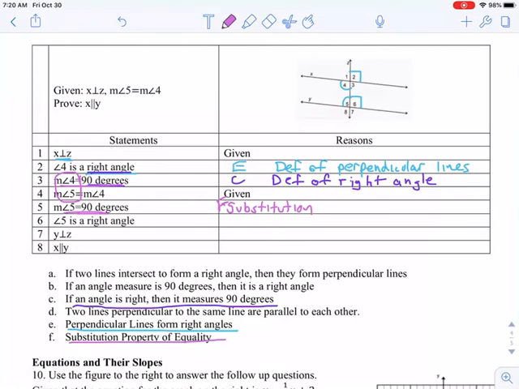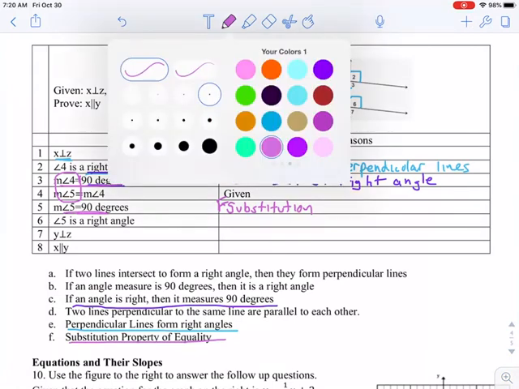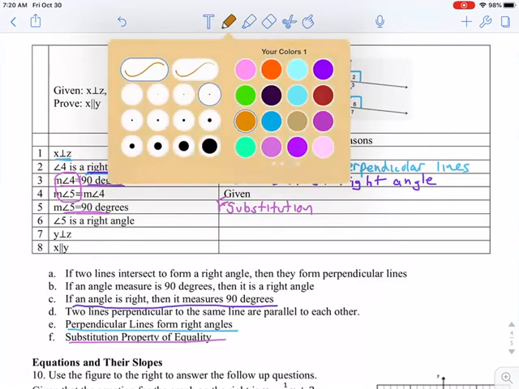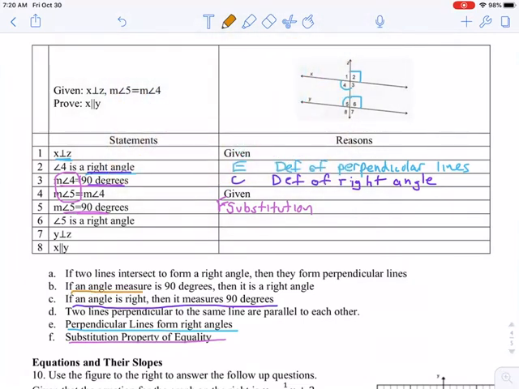Angle 5 is a right angle, so this one is: if an angle measures 90 degrees, then it is a right angle. So 90 degrees, we can say it's a right angle by B. And again, we usually just say definition of a right angle. And remember, an angle is right if and only if it's 90 degrees.